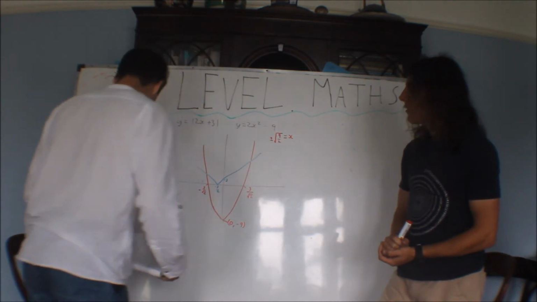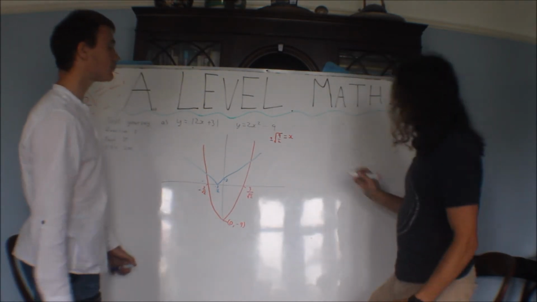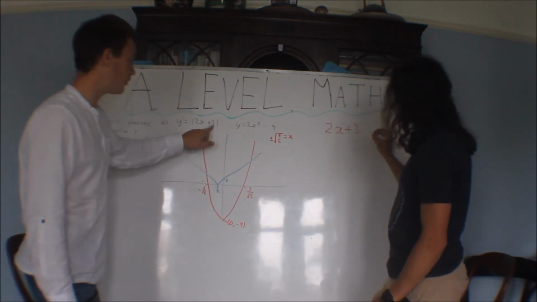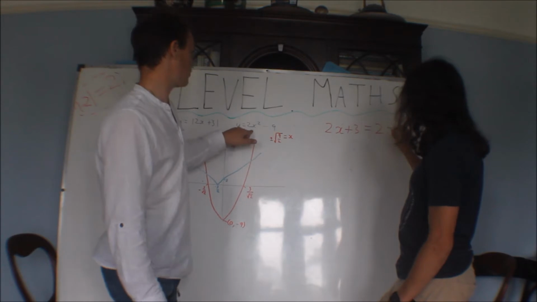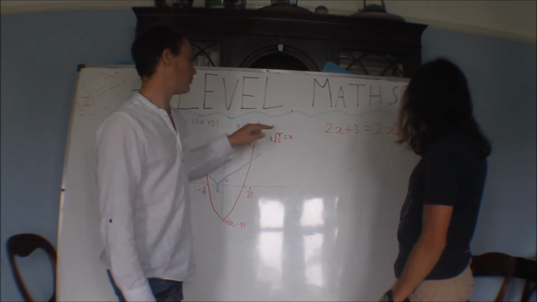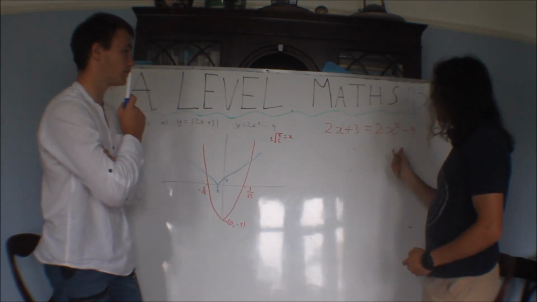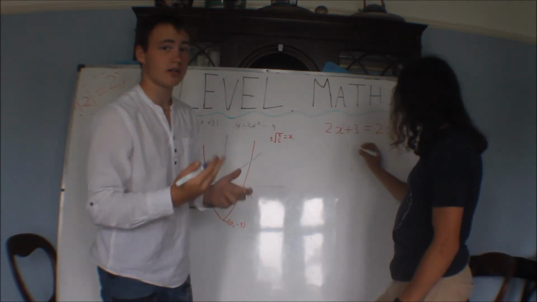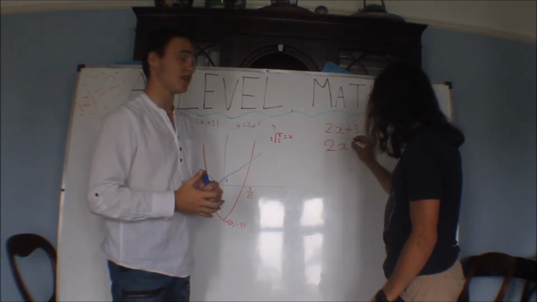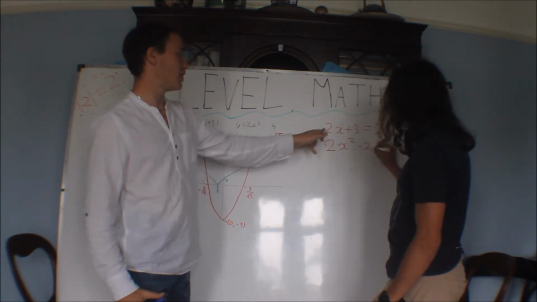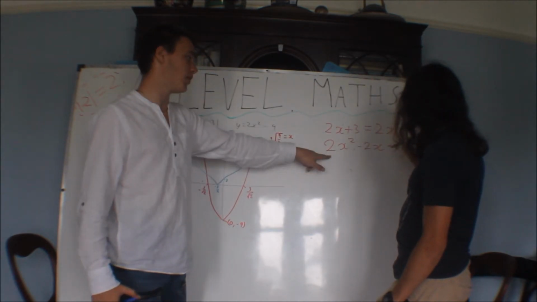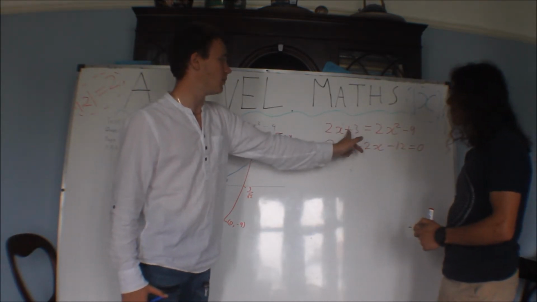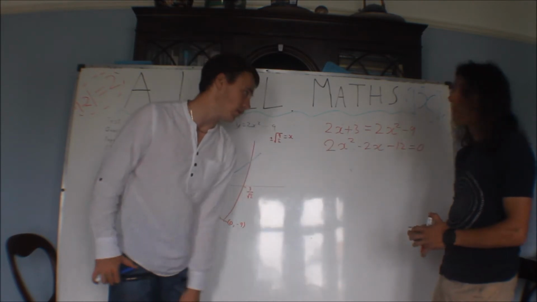Alright, so I think we should do the positive arm first. So we have 2x plus 3, all positive, equals 2x squared minus 9. So, turn this into a quadratic. Always keep the squared term, and whatever the coefficient of it is, positive. So you're taking all of this stuff over that side to keep the positive 2x squared. You get 2x squared minus 2x, and then minus 3 minus 9 is minus 12.